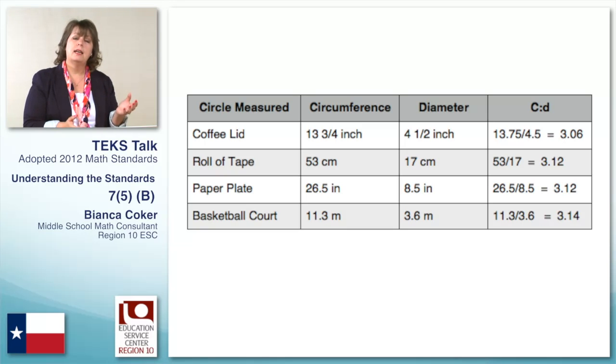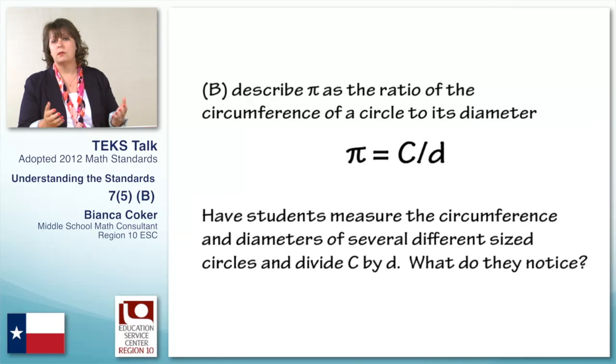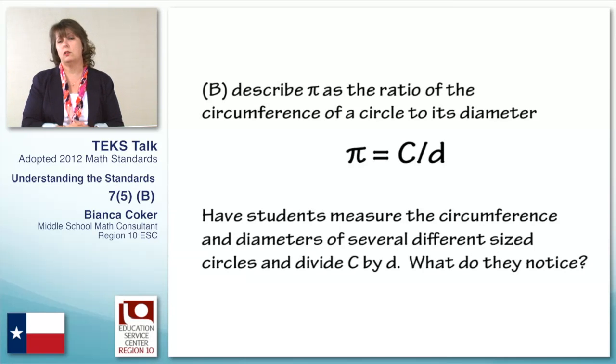And when they come up with that conclusion, the next thing is to have them verbalize that statement. Something like, for all circles, if we look at the ratio of the circumference to the diameter of the circle, it is about 3, 3.1, 3.2, whatever you're coming up with in your class. And then have them write that relationship down.